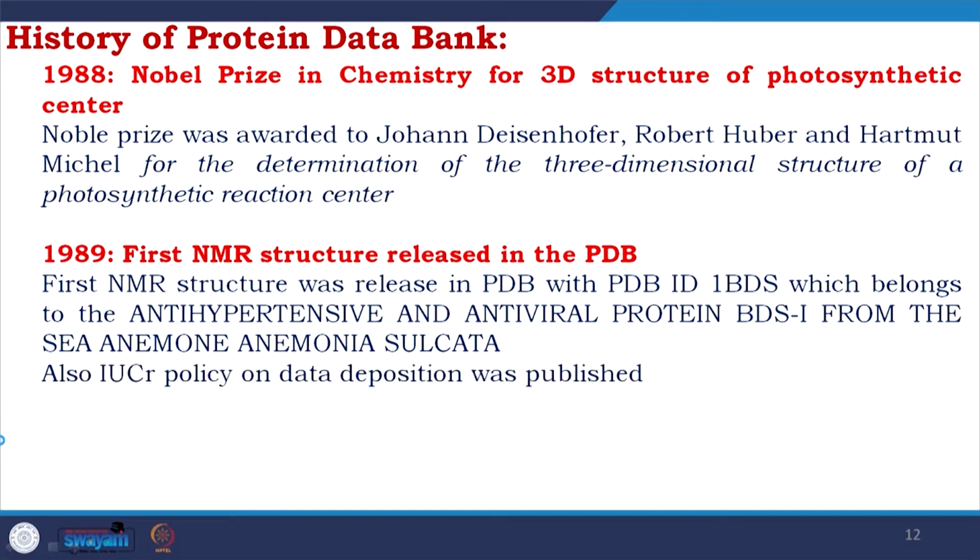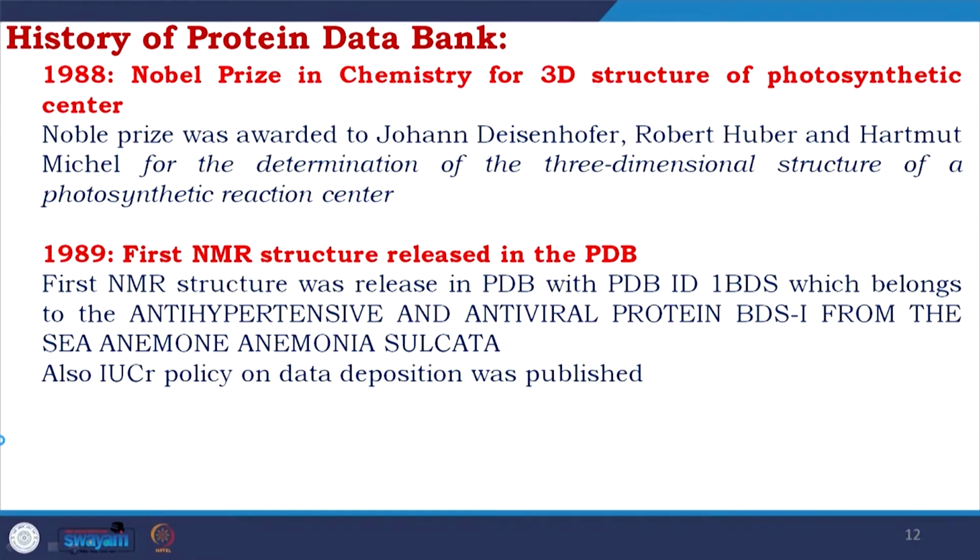Also in 1989, IUCr, the International Union of Crystallography, made fixed policies, because before that people had developed PDB, but they did not think that PDB would come so far. Now in 1989, when the number of structures was increasing rapidly, the International Union made a policy on data deposition, and they also published the data.